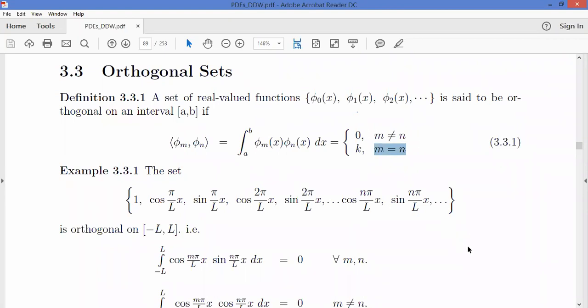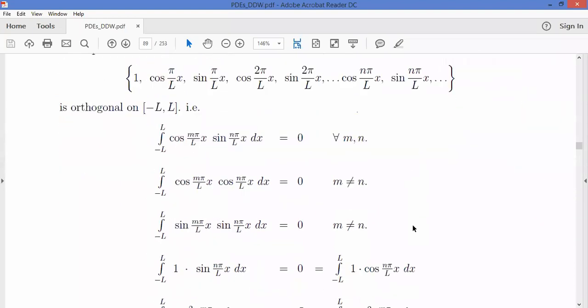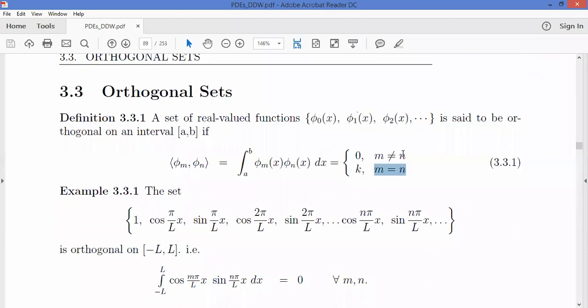So that definition where we have a naught over 2 plus the sum from 1 to infinity of an cos n pi x over L, and then plus bn sine n pi x over L would have been m and n, but we are looking at the condition for m equal to n.